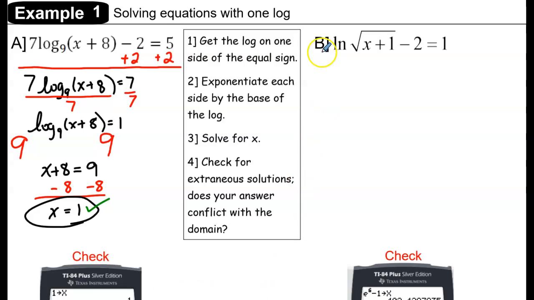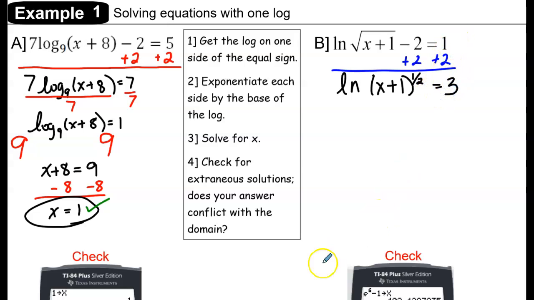Okay, in example B, we're going to start by isolating the log expression, so we'll add 2 to both sides of the equation. And then the natural log of the square root of the quantity x plus 1. Recall that a square root is a 1/2 power, and that equals 1 plus 2, which is 3.